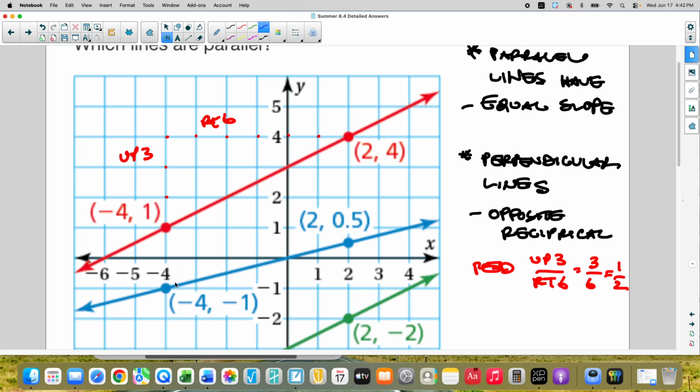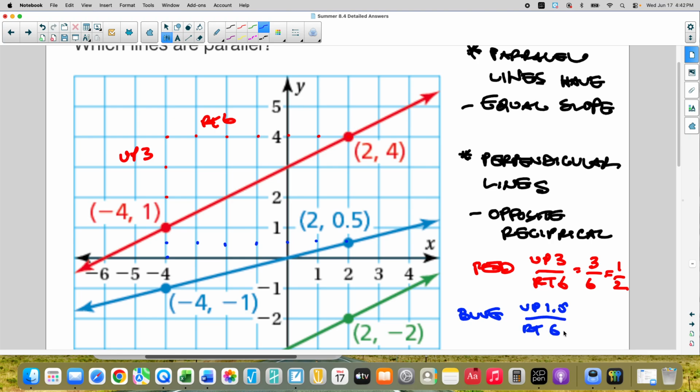Let's look at the blue line. Blue line, ooh, okay, that's a little interesting. We go up 1.5, and we go right 1, 2, 3, 4, 5, 6. So the blue line, we go up 1.5 and right 6.